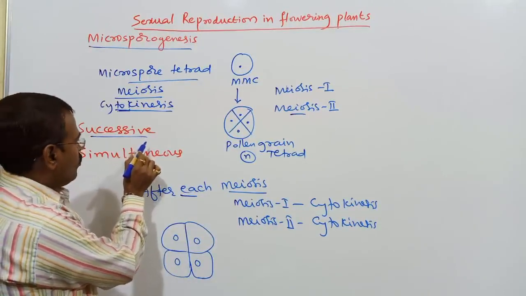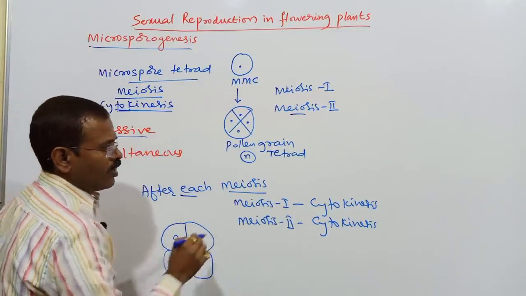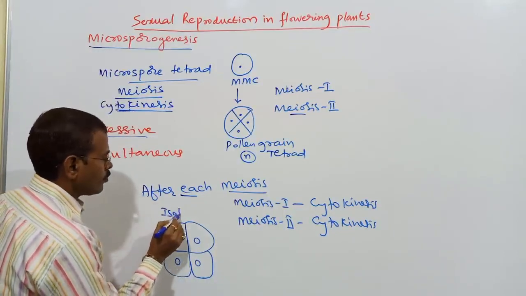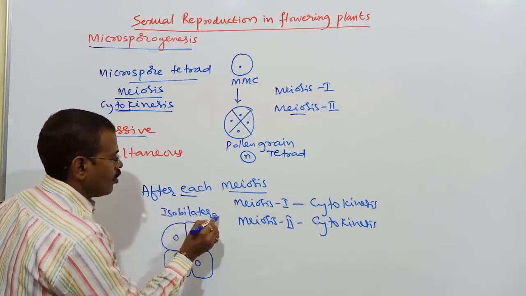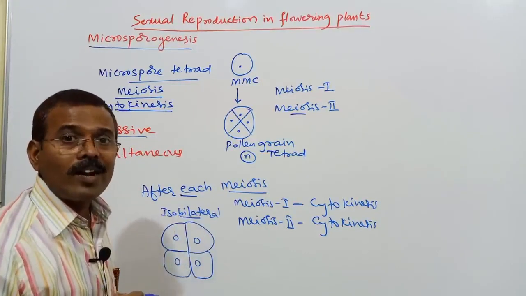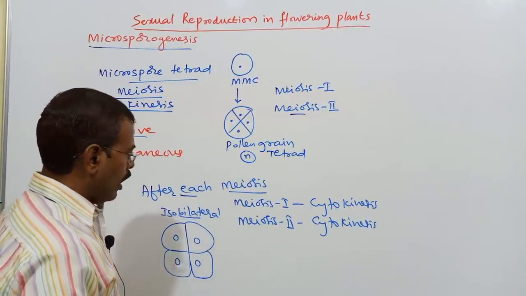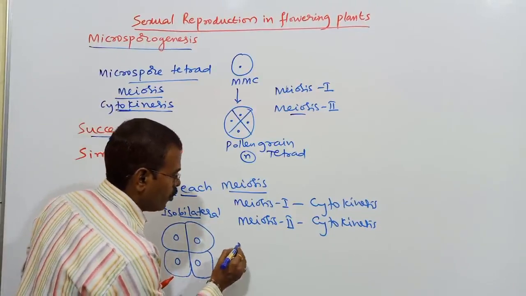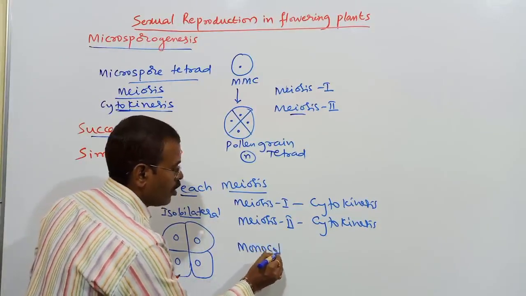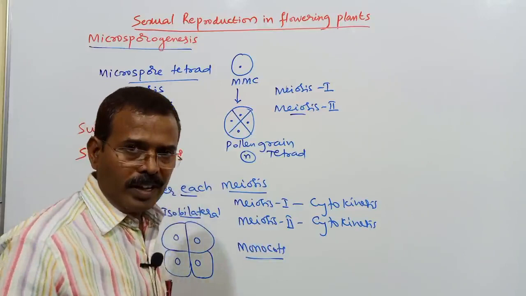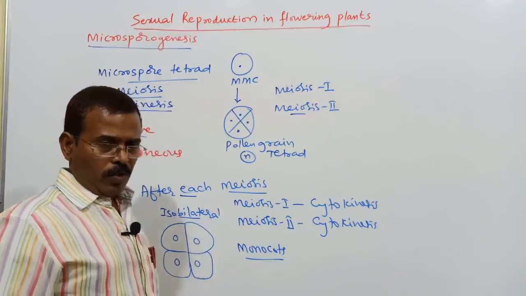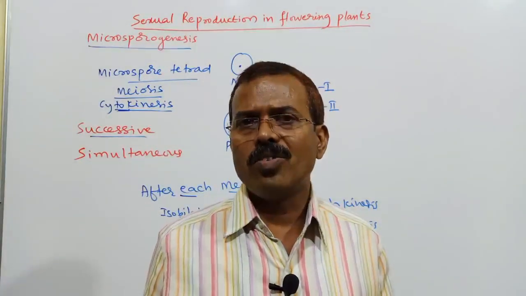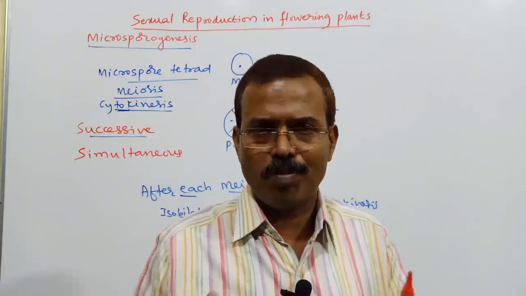After each meiotic division there is cytokinesis, resulting in the formation of isobilateral tetrad. This is seen usually in monocots. Formation of isobilateral tetrad due to the successive cytokinesis is considered to be advanced type.